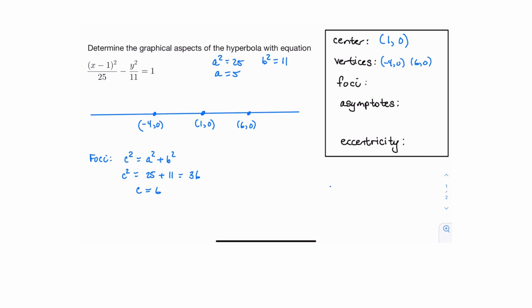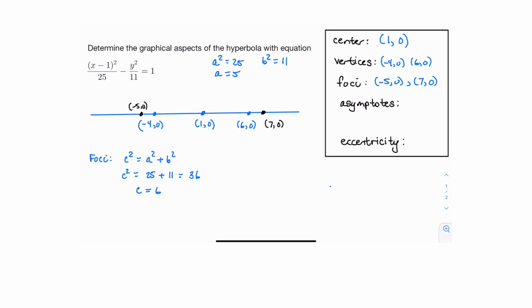So it's going to switch colors up here. That means that 6 units to the right of (1, 0) is (7, 0), and 6 units to the left of (1, 0) is (negative 5, 0). So our foci are (negative 5, 0) and (7, 0). Okay, so there's all of the points that we need to find.